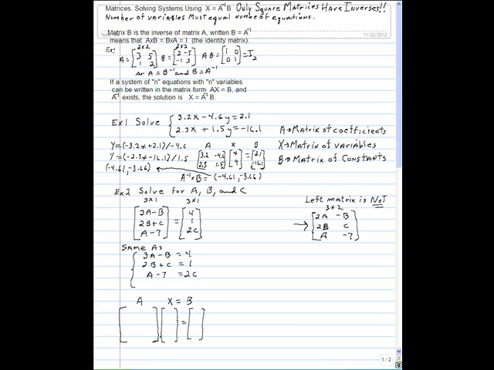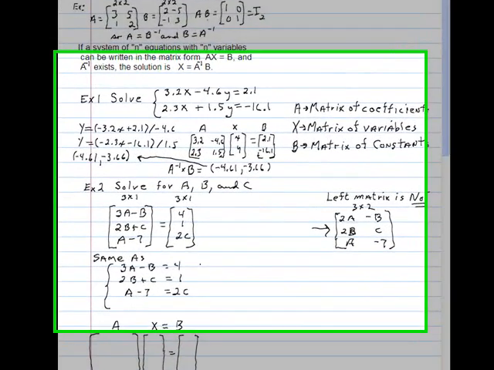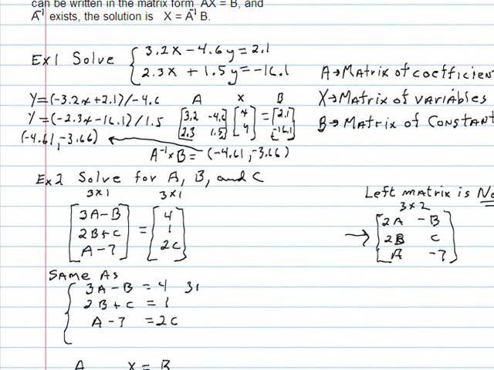But how do I get that into the form AX equals B, where A is a matrix of coefficients, X is the matrix of variables, and B is the matrix of constants? Well, in our previous example, all my variables were on the left and only the constants were on the right. Notice that in this system, I've got a constant on the left, so these are going to have to be modified a little bit. I could rewrite the first equation as 3A minus B plus 0C equals 4.